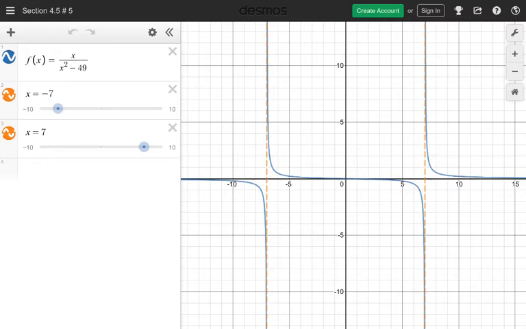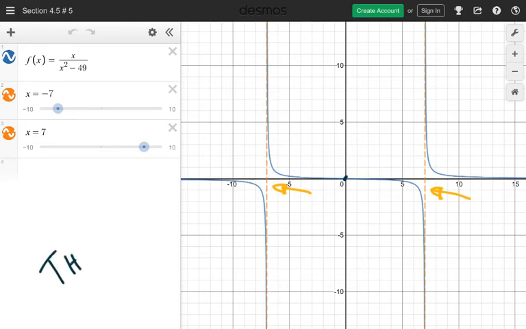It's kind of hard to see maybe, but you can see I've got our vertical asymptotes in orange, and here's my zero. We have no max, we have no min, we're always decreasing.